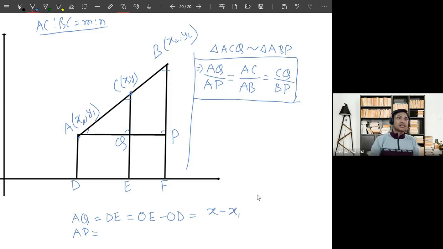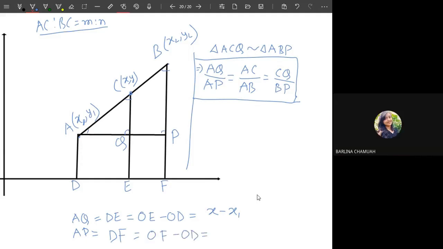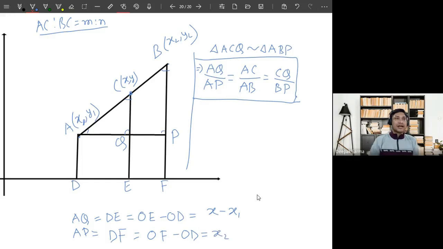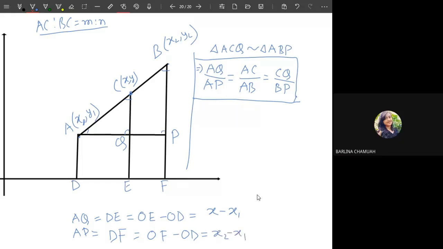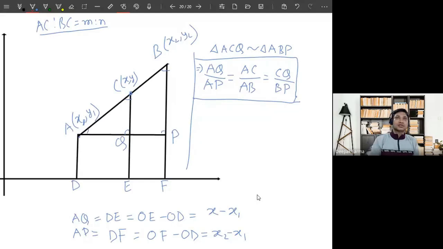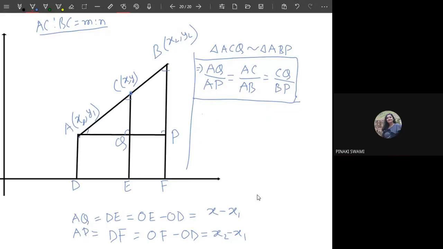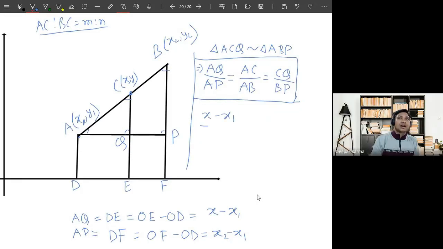AP is nothing but DF. What is DF? I can write OF minus OD, that is X2 minus X1. All of you understood? So here it is X minus X1 by X2 minus X1.